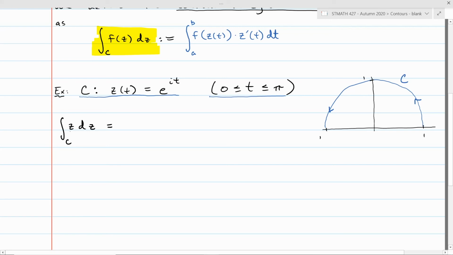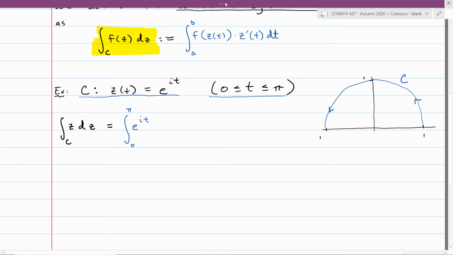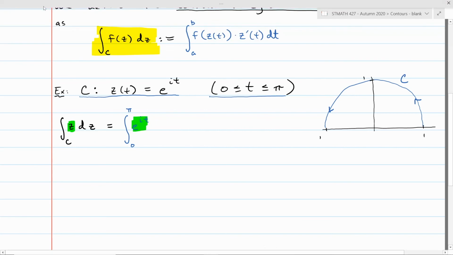Very simple function, z. By definition, this integral would be, well, since the parameter ran from 0 to pi, those are our limits of integration. Z along that contour becomes just z of t, so that's e to the it. And then the dz part becomes the derivative of e to the it, which is i e to the it dt.